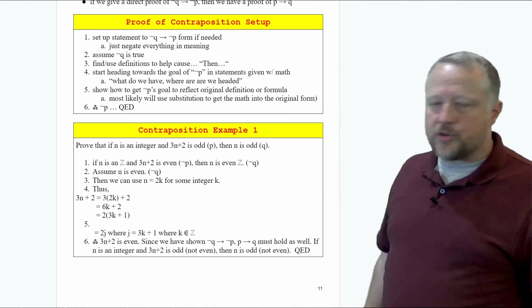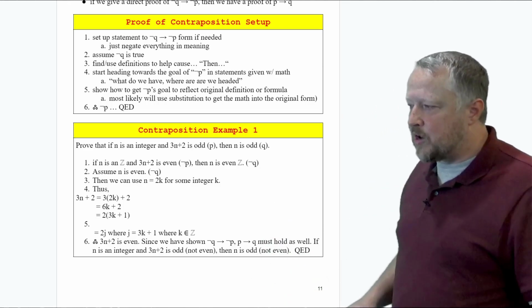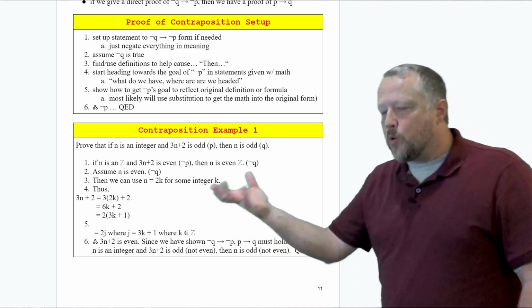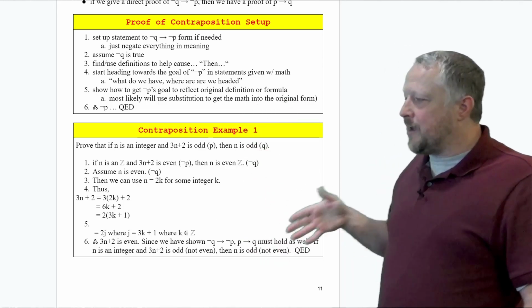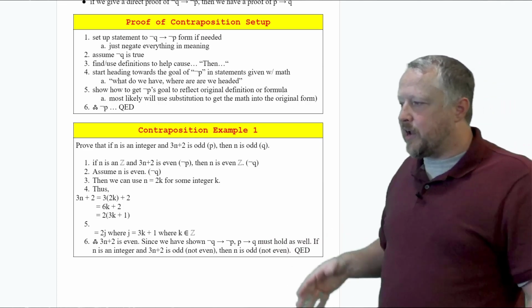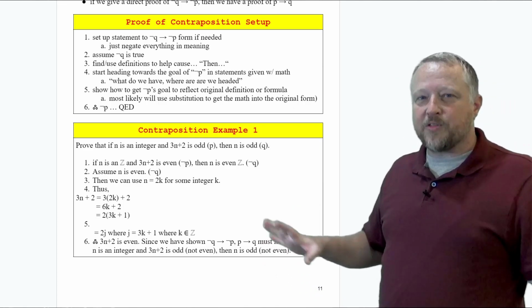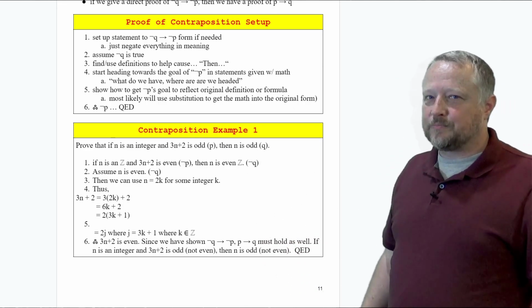Then we do our conclusion, therefore 3n plus 2 is even, and then you can read the rest of it. But notice how we did it in reverse and we negated everything, and it still ends up being right, and we're okay with how the overall statement was set up.